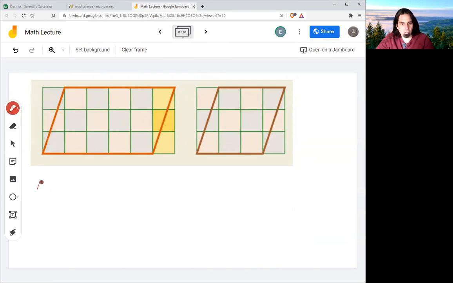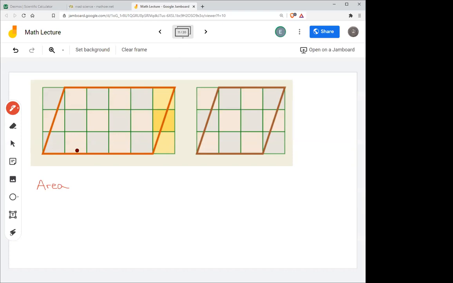Okay, so the area for the orange one. Which sides should I label? What numbers should I put on things? Is it 3 for height? It is 3 for height.